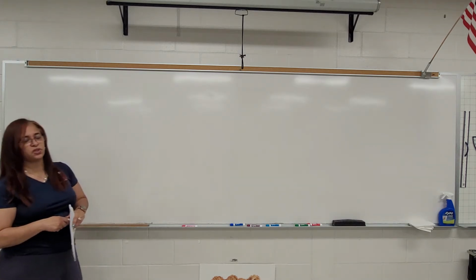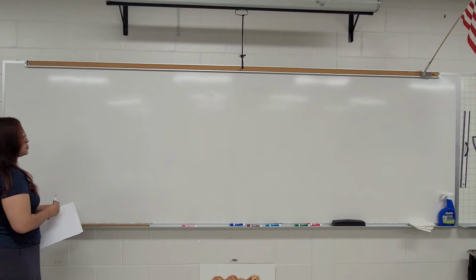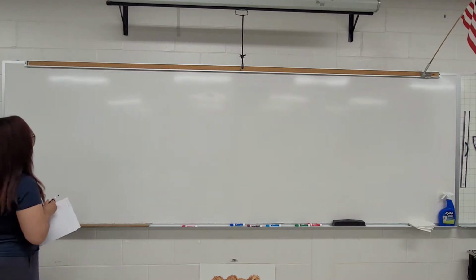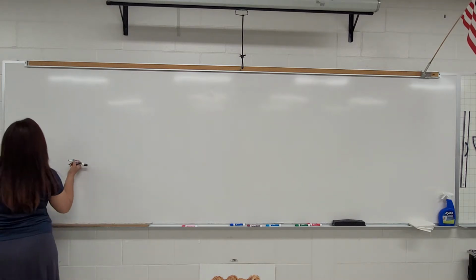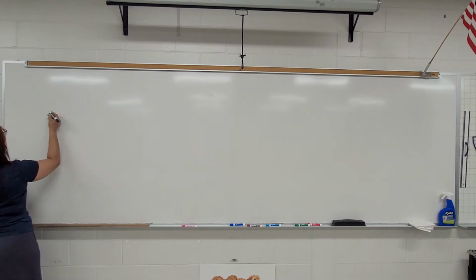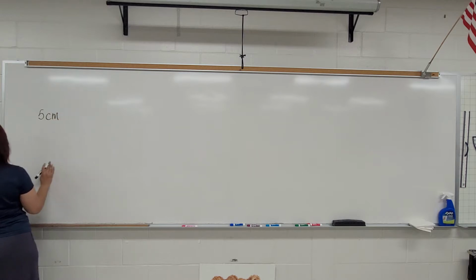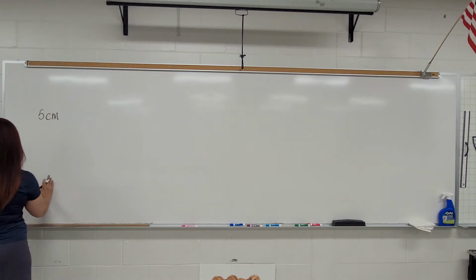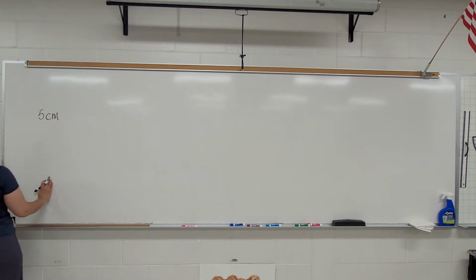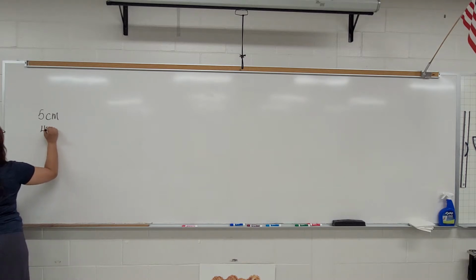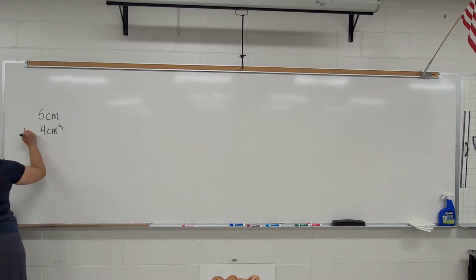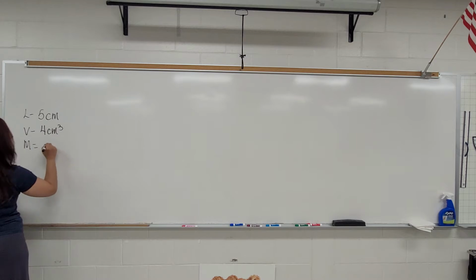So the very first question I want to discuss is you cut a piece of a rod that is 5 centimeters long, and it has a volume of 4 cubic centimeters. This is its volume, this is the length, and the mass is equal to 20 grams.